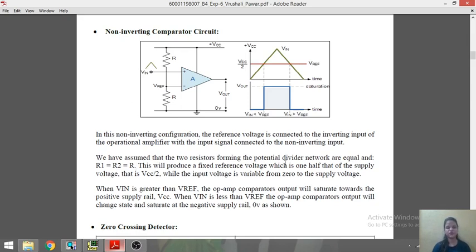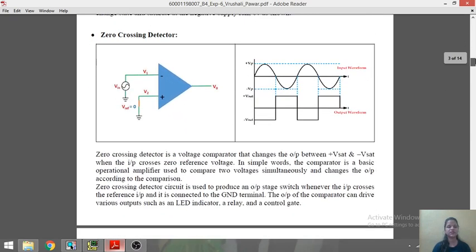This will produce a fixed reference voltage, which is one half of the VCC, that is VCC by 2, while the input voltage is variable from 0 to supply voltage. When Vin is greater than Vref, the op-amp comparator output will saturate towards the positive supply rail, and when Vin is less than Vref, then the output of the comparator will be the negative supply, 0 volt, as shown in the figure. So the next is the zero crossing detector.